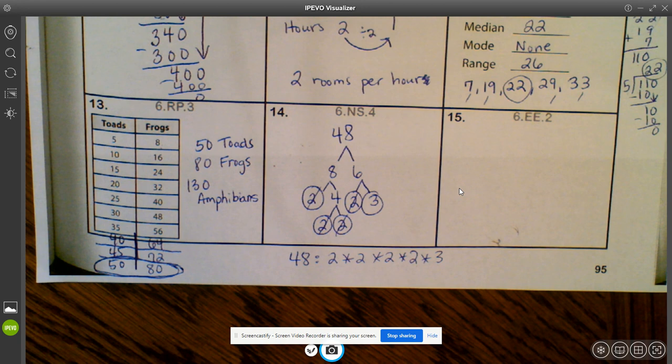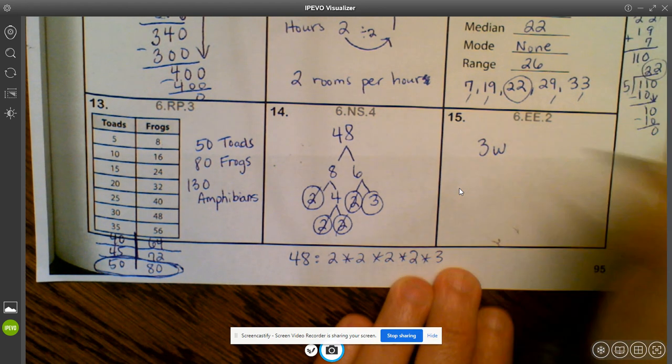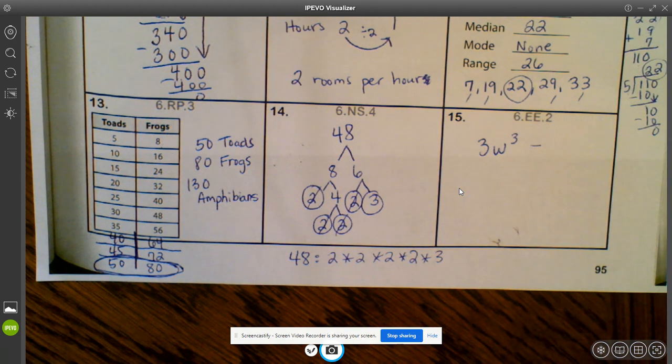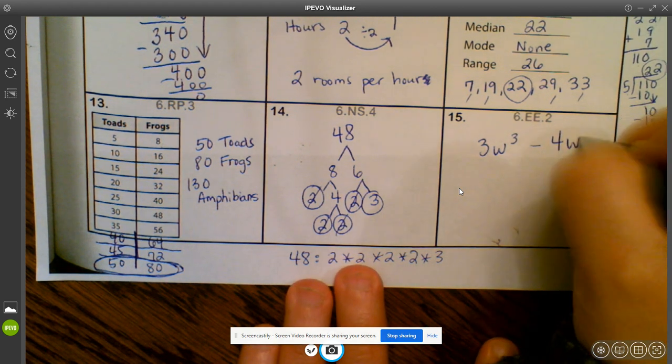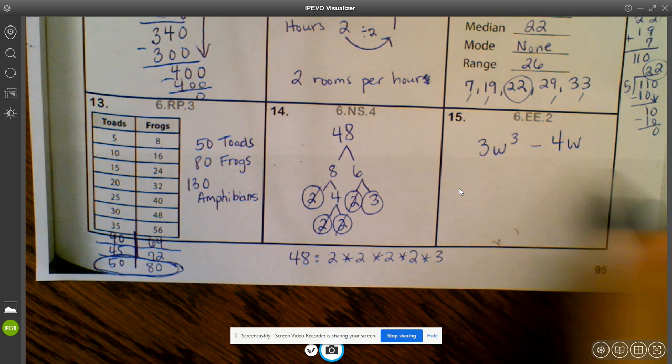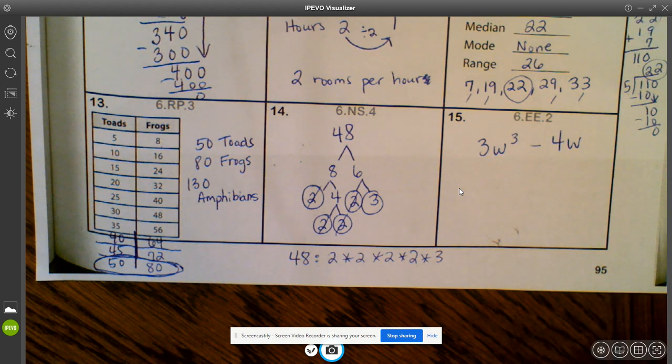And then our last problem for lesson 47 says, identify the terms in the expression 3w to the third minus 4w. So a term is just when an algebraic expression like this is separated by plus or minus signs and sometimes division signs.